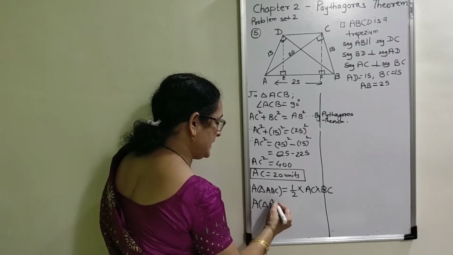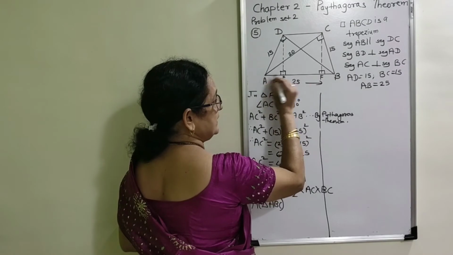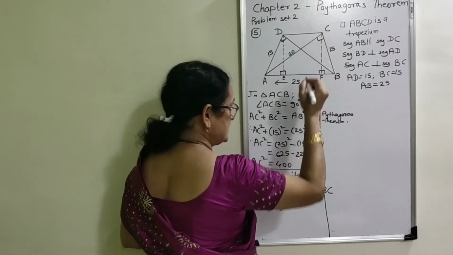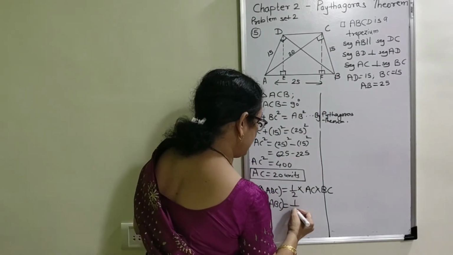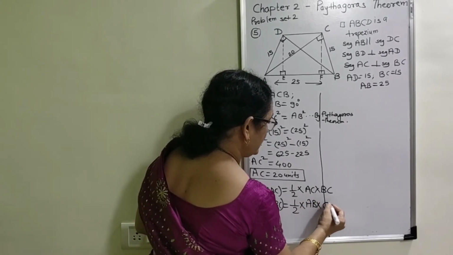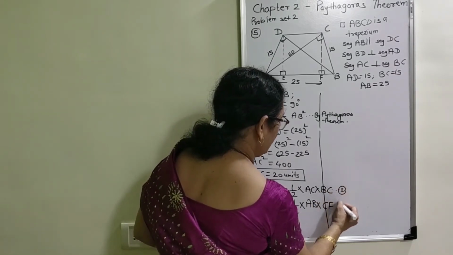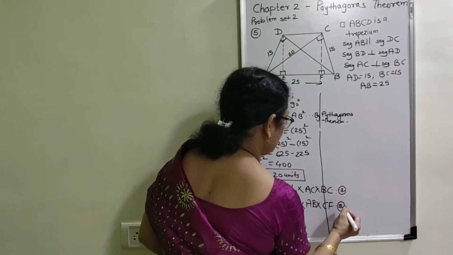Now I am going to write the expression again, taking AB as the base. If I have selected AB as the base, then CF is the height, and that is 1/2 AB multiplied by the height CF. Now suppose this is my expression number 1 and this is my expression number 2.